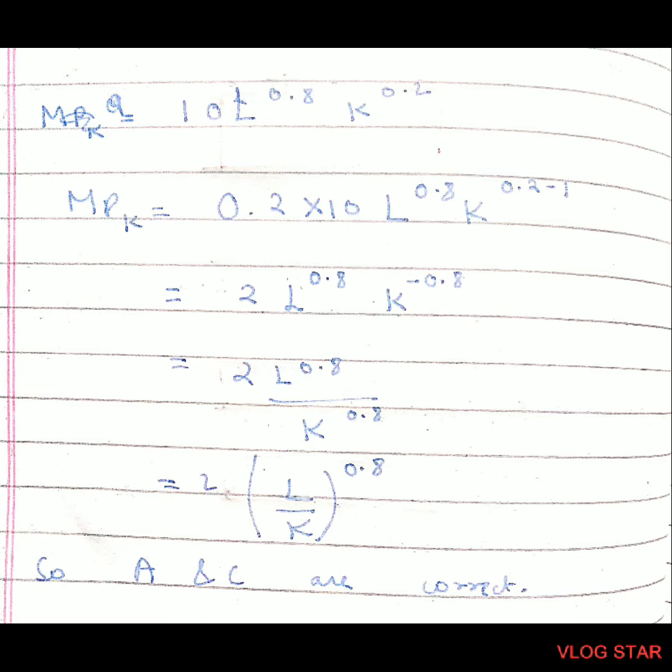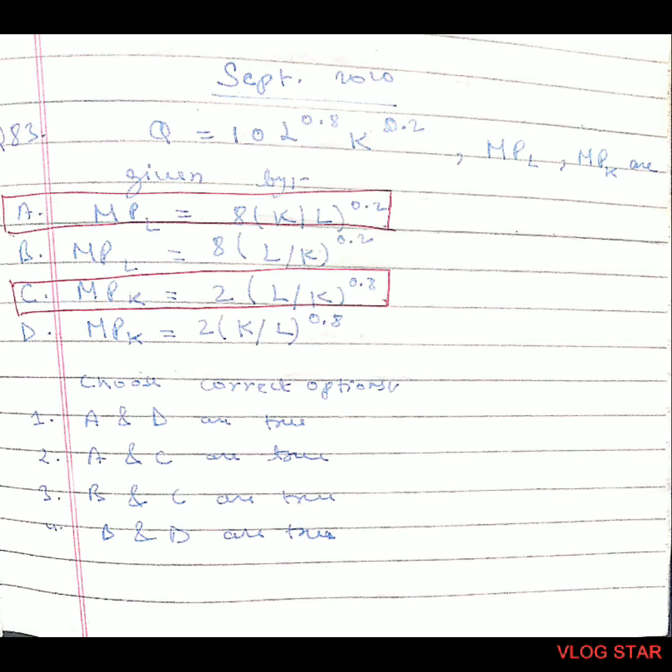So after solving, we get 2L to the power 0.8, K to the power minus 0.8. Power can never be in negative, so we'll do the reciprocal in the next step. That is equal to 2L to the power 0.8 divided by K to the power 0.8. This can be written as 2 multiplied by L upon K to the power 0.8. So A and C are the correct answers. Second is the right option.